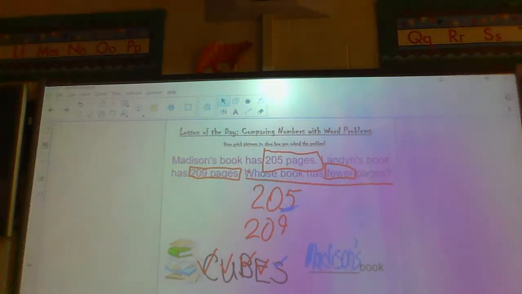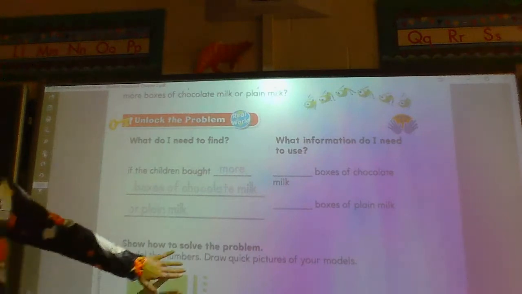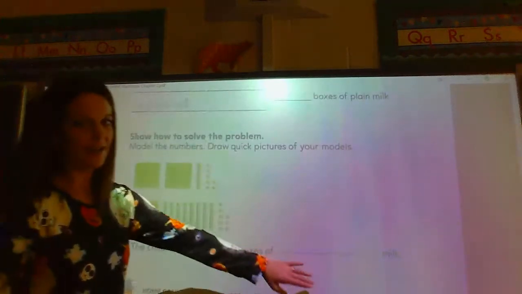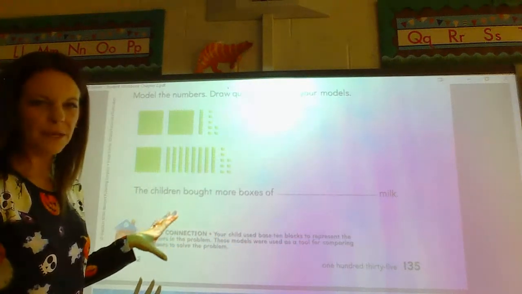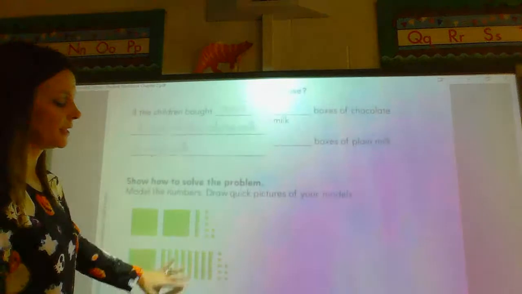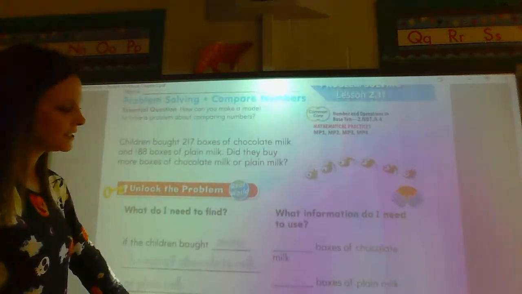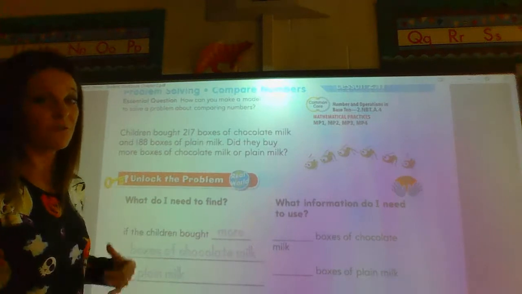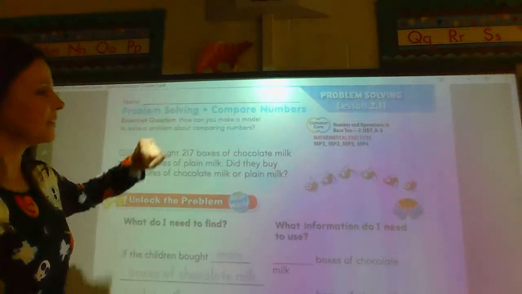All right, friends. We are going to take a look at page 135. You can see right here. I made my page really big on my screen so that you would be able to see exactly what we were doing as we moved along. You'll notice that this page looks different than a lot of our first pages in our math workbook because this is a problem-solving page.